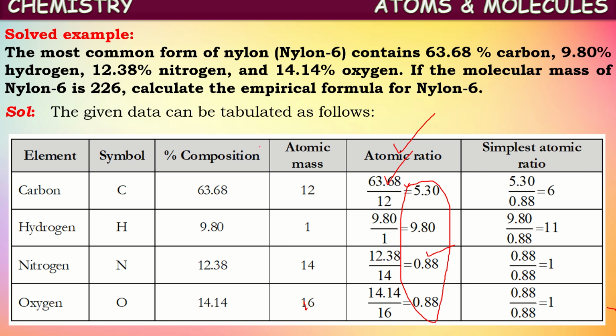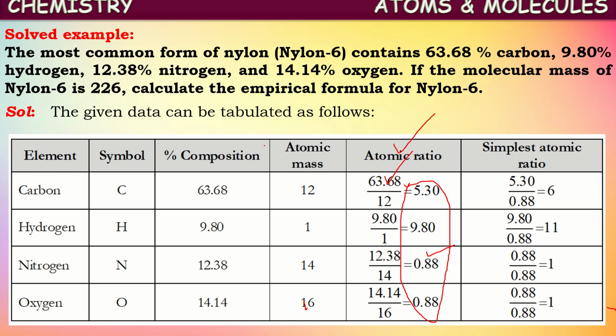Then these numbers we give to the atoms of the elements given in the first column as subscript numbers. Writing 6 as a subscript to carbon C, we get C6. Writing 11 as a subscript to hydrogen, we get H11.